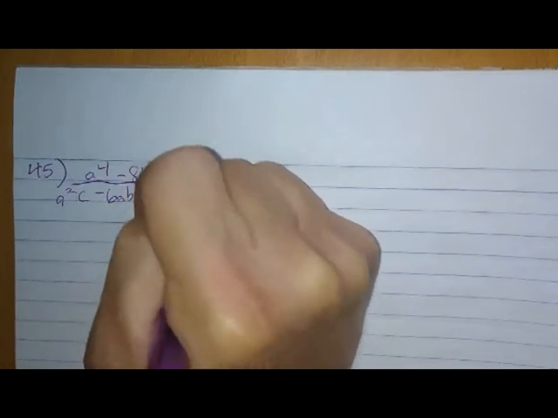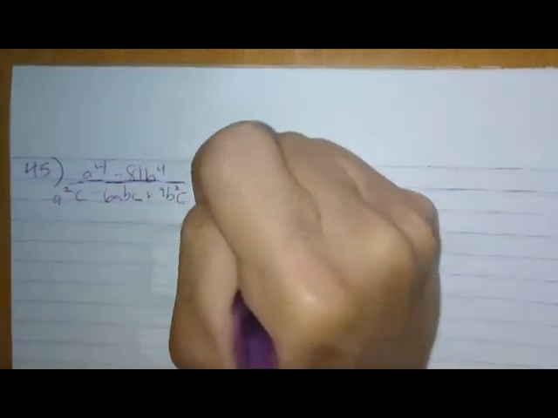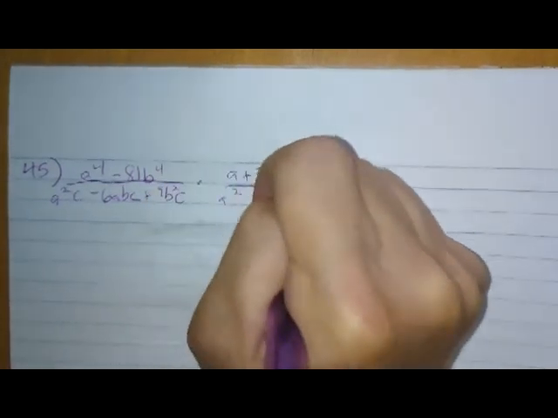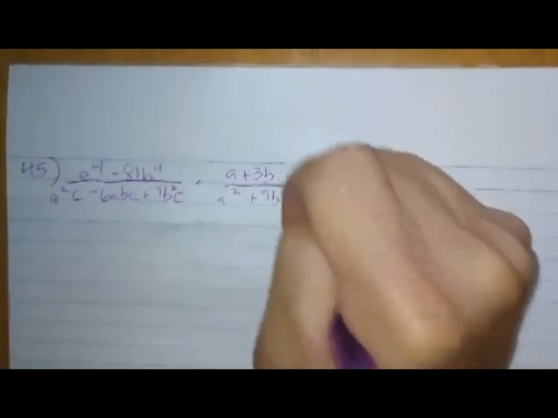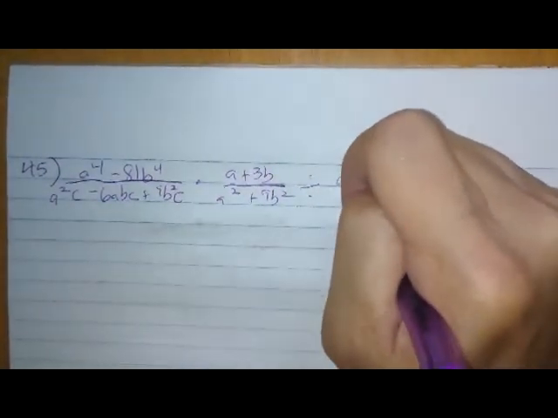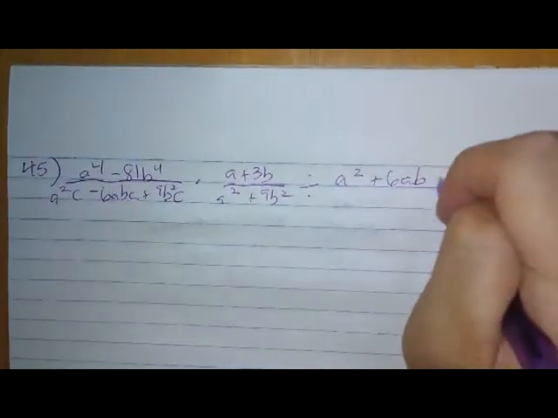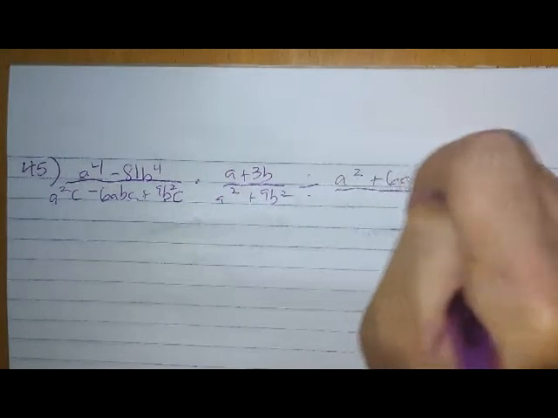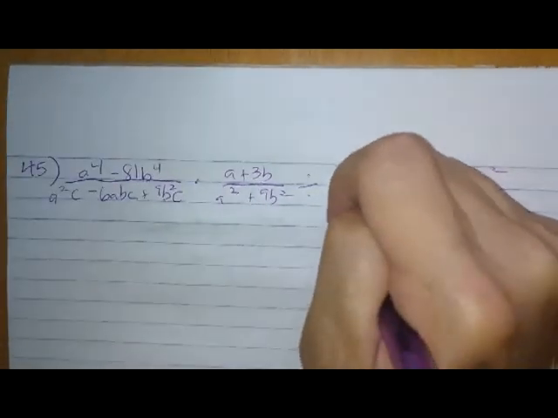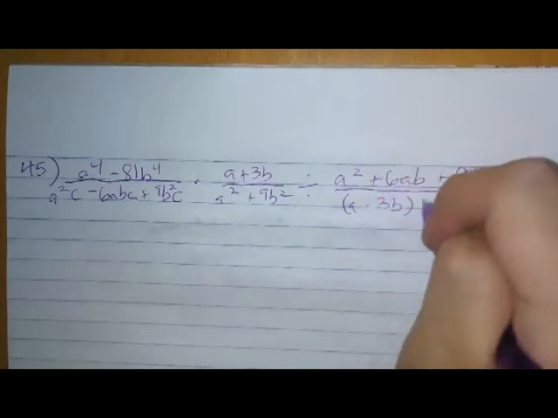a to the 4th minus 81b to the 4th over a squared c minus 6abc plus 9b squared c, times a plus 3b over a squared plus 9b squared, divided by a squared plus 6ab plus 9b squared over a minus 3b.